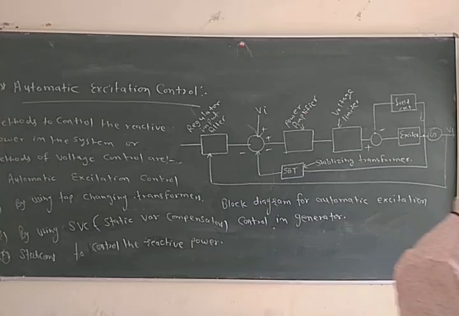So these are the methods to control the voltage of the system by controlling the reactive power in the system. First method is by using automatic excitation control method. Second is by tap changing transformer. Third method is by using SVC, and last is STATCOM.